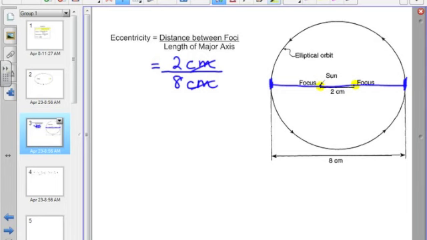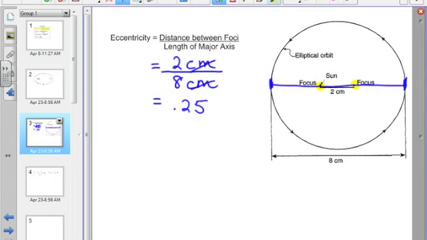They'll cancel each other out. Therefore, eccentricity as a calculated value has no units, and that's important to remember. We do the arithmetic, just to follow through, and this would divide to 0.25.